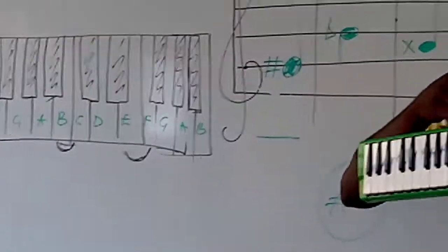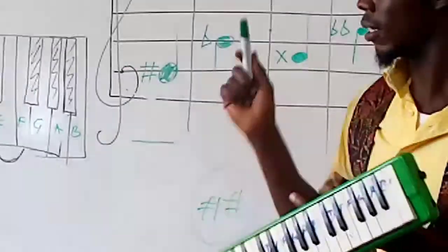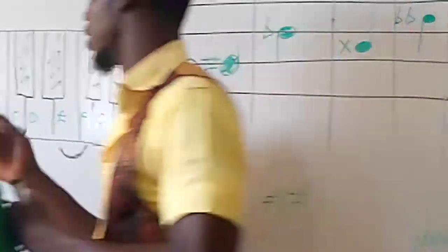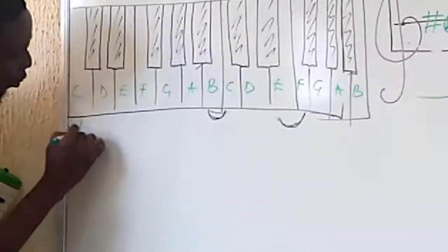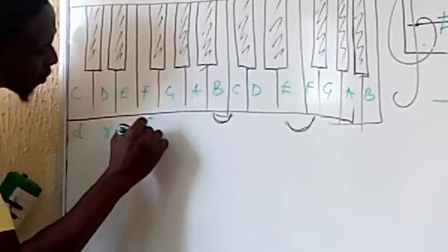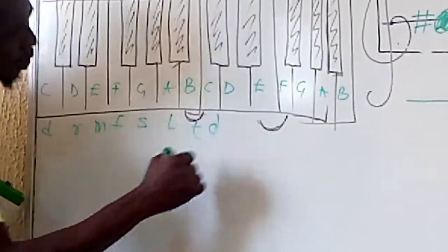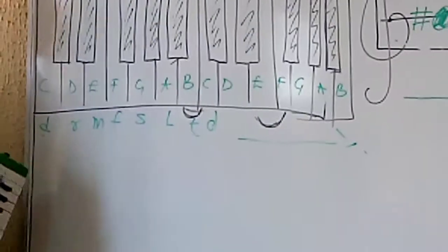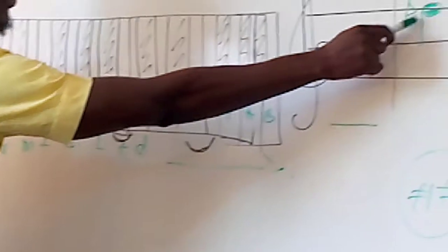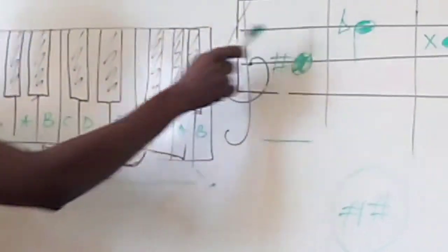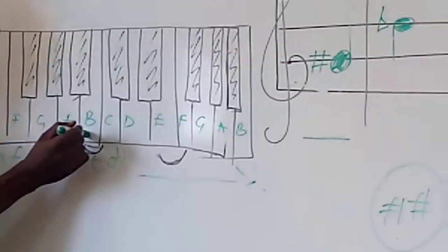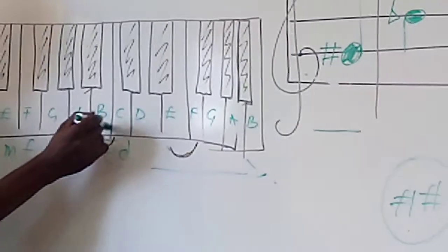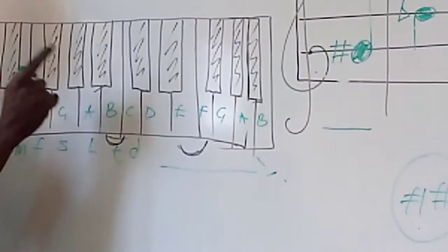For those of us that might have forgotten, let's refresh it. C becomes Do, D becomes Re, Mi, Fa, Sol, La, Ti, and Do. It continues anyway. So since the flat sign is placed on B, it's telling you don't play B. It's on the staff, remember.